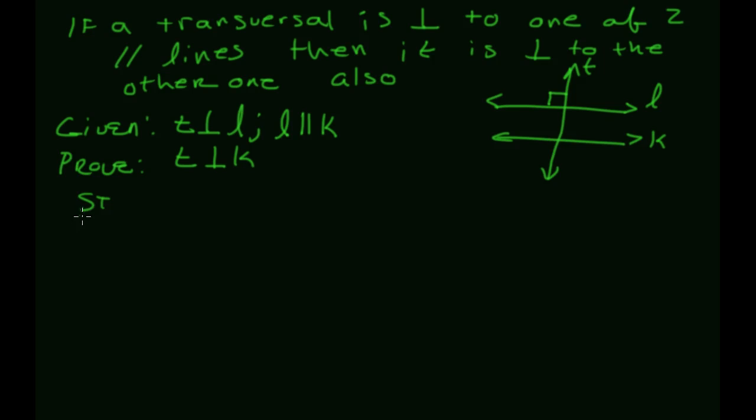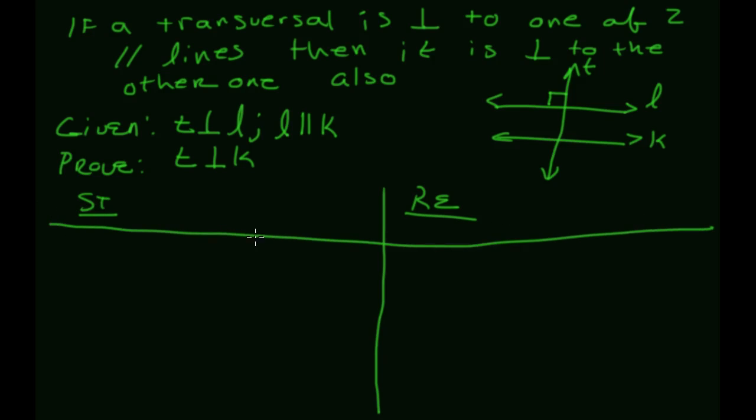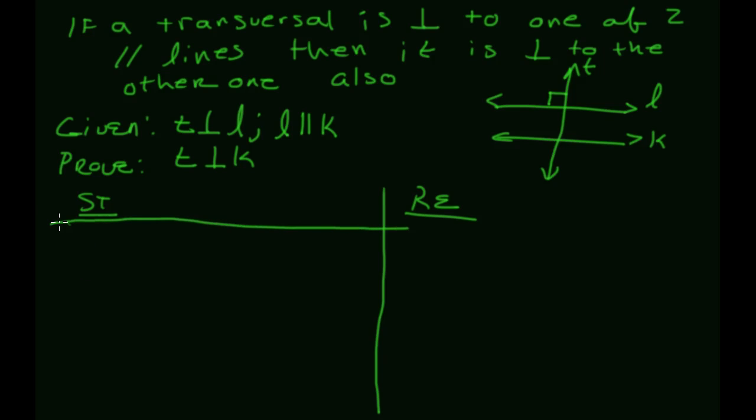So we're going to build this table of statements and reasons to try to show that that has to be true. All right, so our first statement is pretty clearly that T is perpendicular to L. And how do I know that? Because it's given.